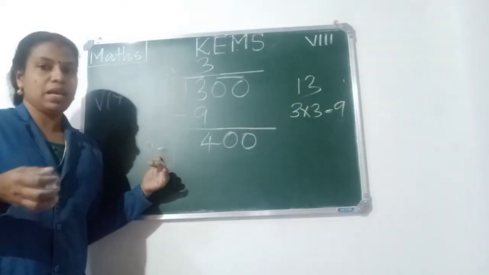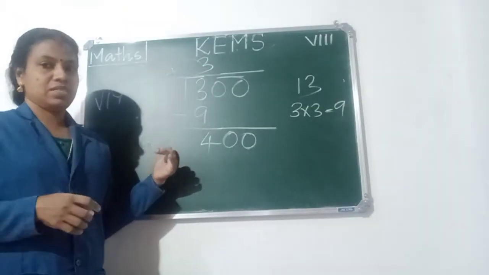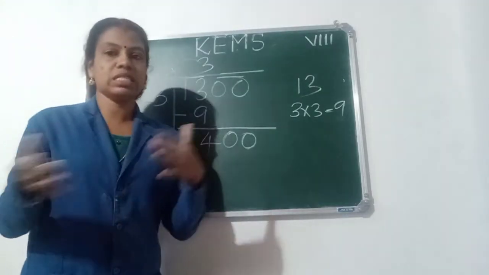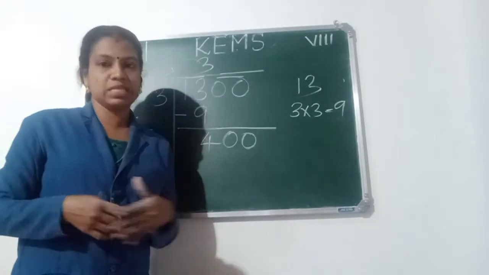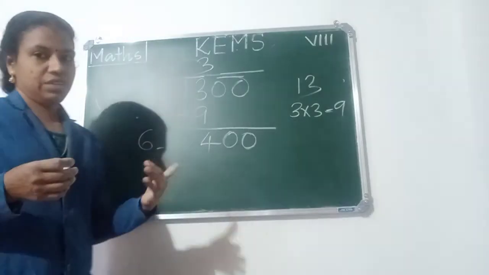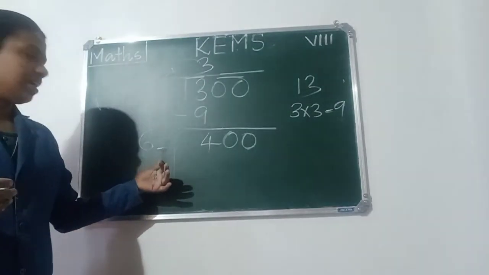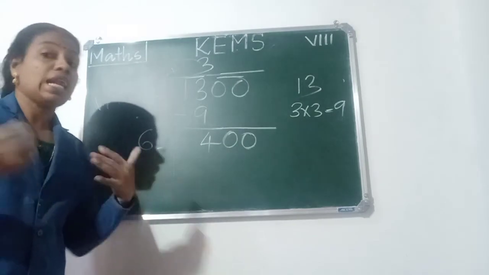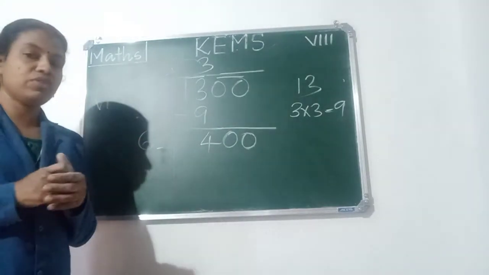Now place the numbers. 1 is not needed because 61 into 1 becomes 61. Now 2 becomes 124. Now 3, 3 3s are 9, 63 into 3 is 189.